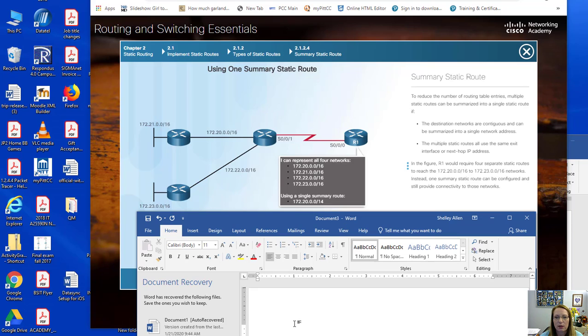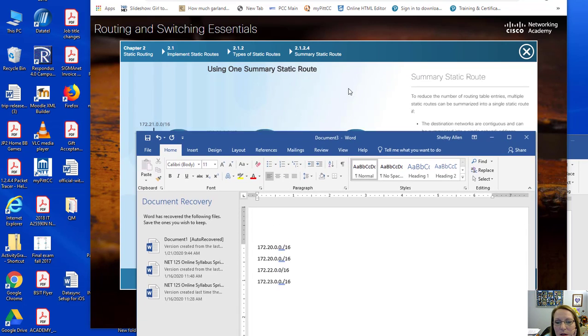Now, in this scenario here, we have the 172.20.0.0/16, the 172.21.0.0/16, the 172.22.0.0/16, and then the 172.23.0.0/16. So all of these routes.